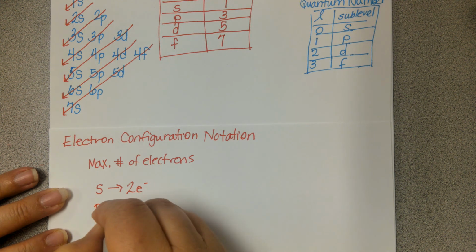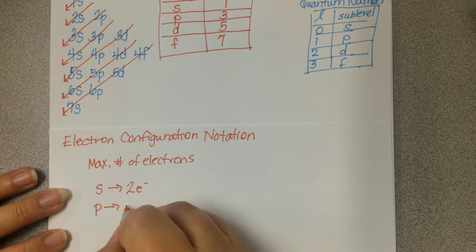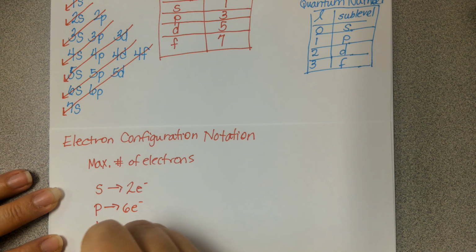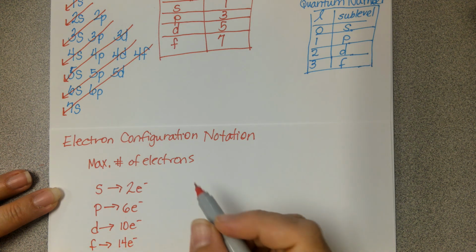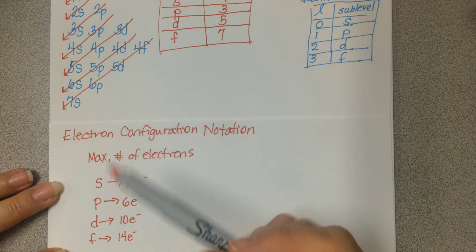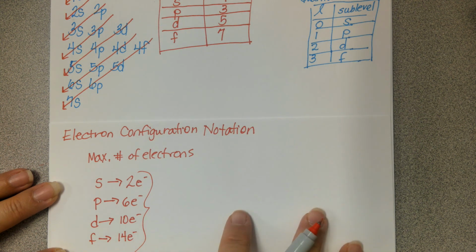A p sublevel, which has, remember, 3 orbitals, 3 orbitals times 2 electrons each, gives us 6 electrons. A d sublevel with its 5 orbitals can hold a maximum of 10 electrons, and an f sublevel with 7 orbitals can hold a maximum of 14 electrons. So more so than the number of orbitals in each sublevel, we are going to concentrate on how many electrons we can put in each sublevel.